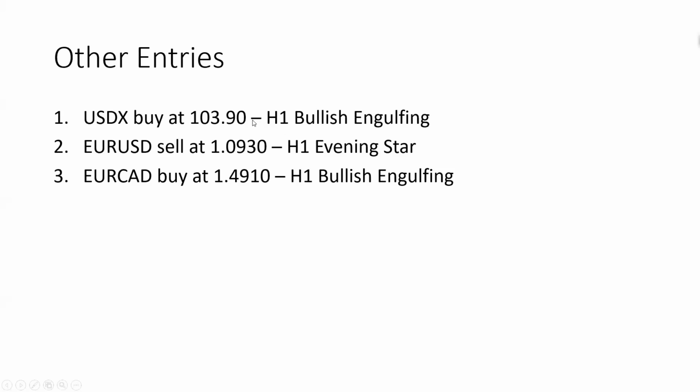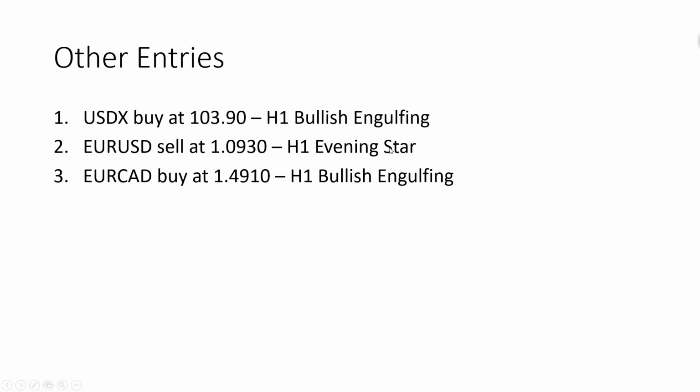And the rest of the other entries were of a different kind. They were the 1 hour entries. We had the dollar index buy at 103.9, and I believe those who have been following the report would understand all these patterns. We had a bullish engulfing there, and then we had the EURUSD sell at 1.0930.